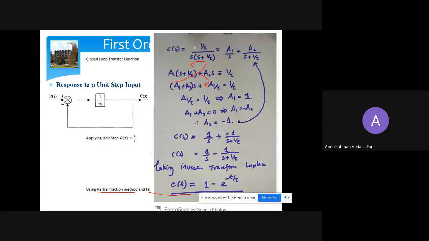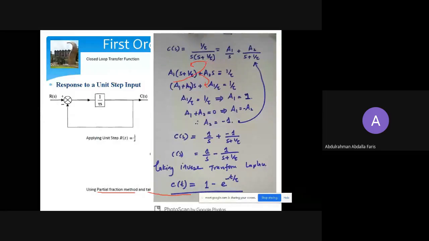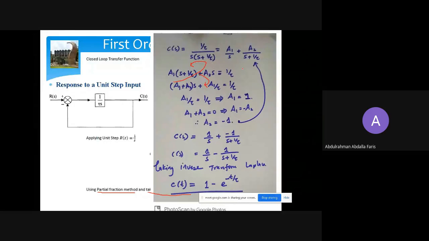So what you do, you say A1 over s plus A2 over s plus 1 over tau. These are the denominators; you split it. You get the LCM, that is this times that, and then A2 times s. You rearrange, collecting like terms together. So you have (A1 plus A2)s plus A1 over tau equals 1 over tau.